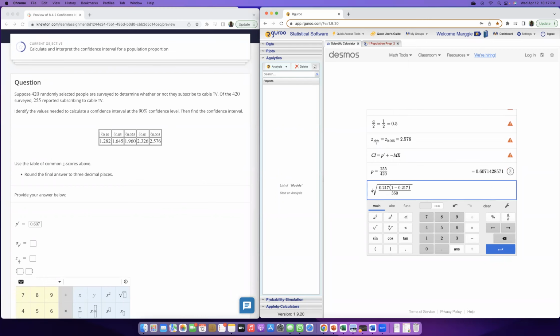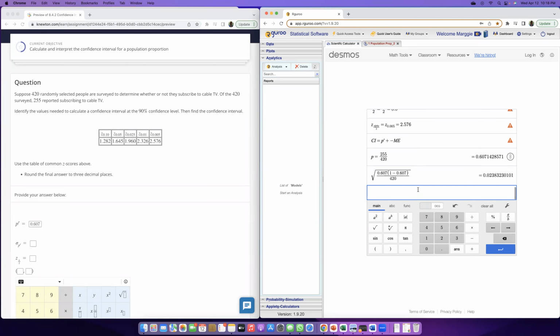So this is going to be our value for P, which is 0.607, and then 1 minus the same thing, over the N, which is 420, which is your total sample size. So that is your standard deviation. Rounded to 3 decimal places, that is going to be 0.024 because I round up.